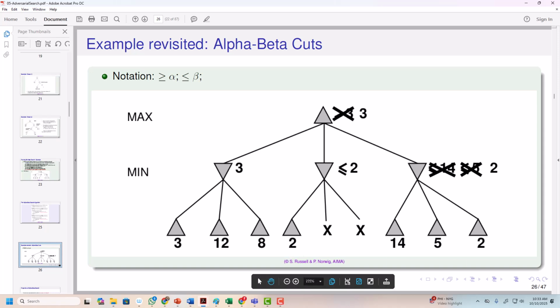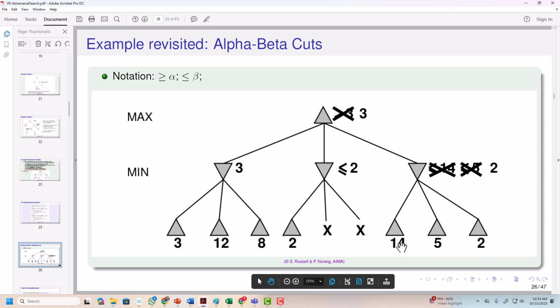But if the most promising moves are examined first, more pruning opportunities are created. Conversely, if weaker moves are explored first, little or no pruning may occur. A weaker move is like this 14 here. If we explore 14, max will be so happy, so max will say, okay, I want to explore the other. Then you find 5. Then you find 2, where min is happy.